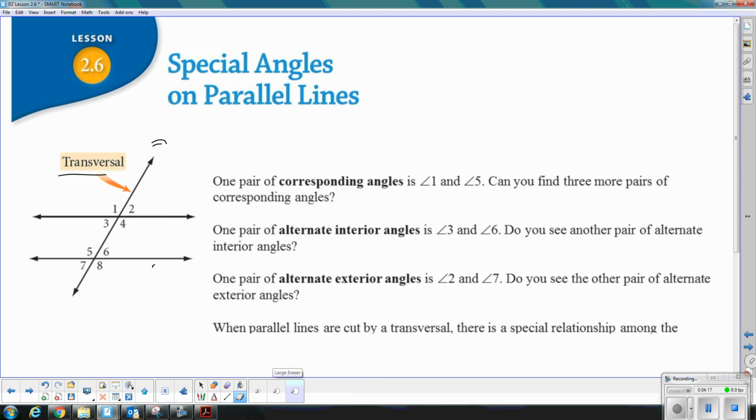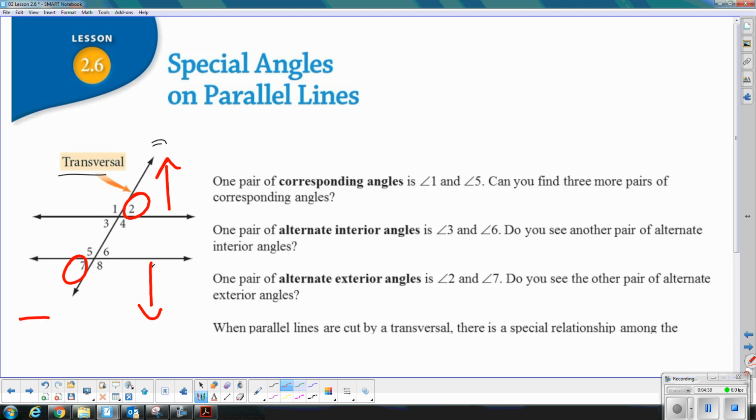And alternate exterior angles. Now we're looking at angles that are on the outside of the parallel lines. So they're both outside of the two lines, and they're on opposite sides of the transversal.